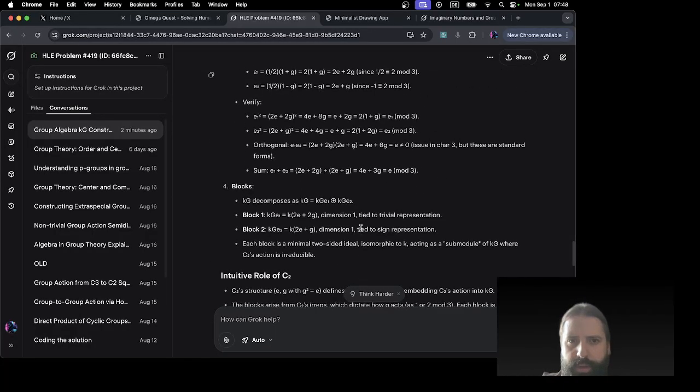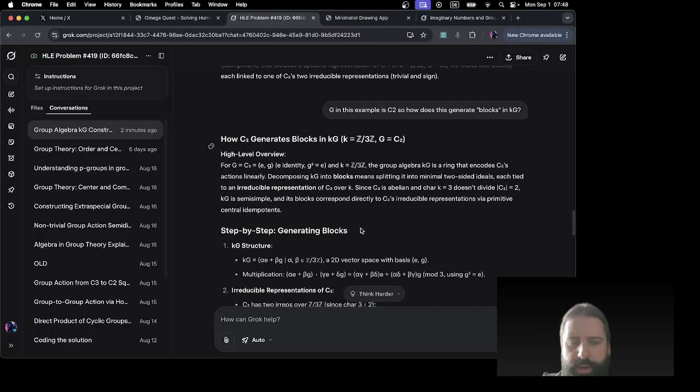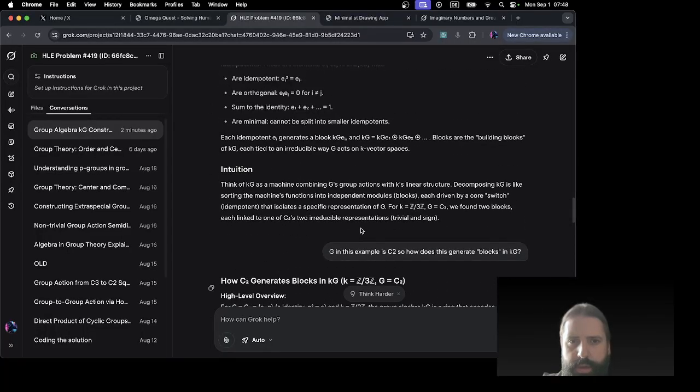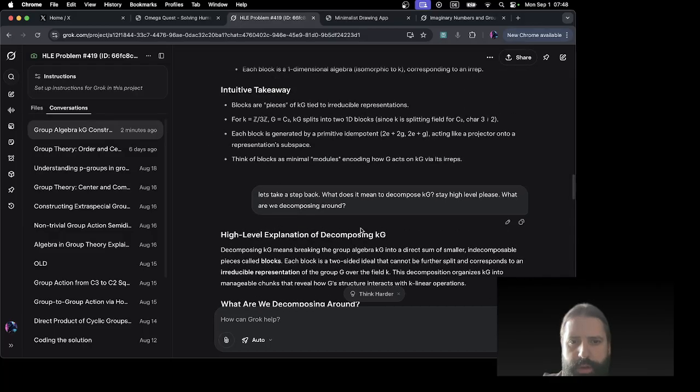Let's go back to the original sentence here. I've called blocks. Each block corresponds, let's ignore this in the middle here, to an irreducible representation of the group G over the field K. I think that's an important thing.